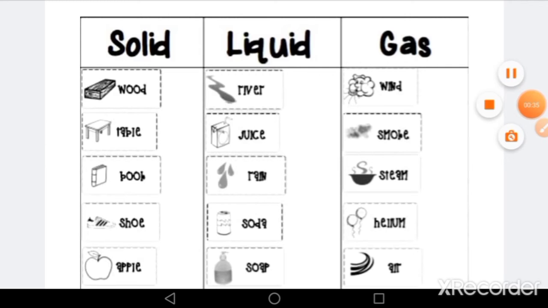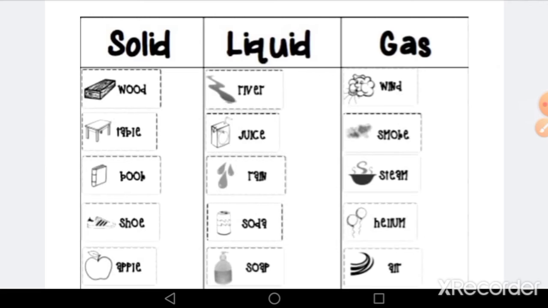Then river, juice, rain, soda and liquid soap are examples of liquid because they do not have fixed shape and can flow from one place to another place. Because in liquids particles are not very closely packed.